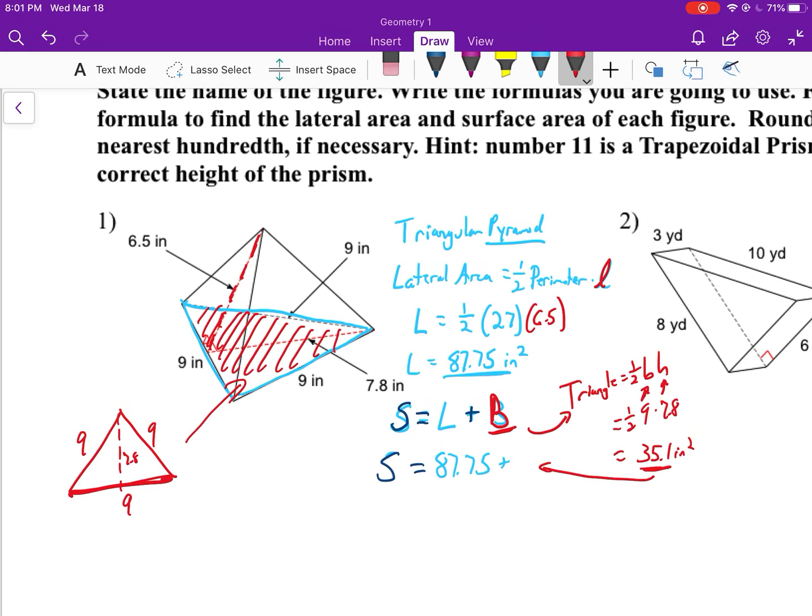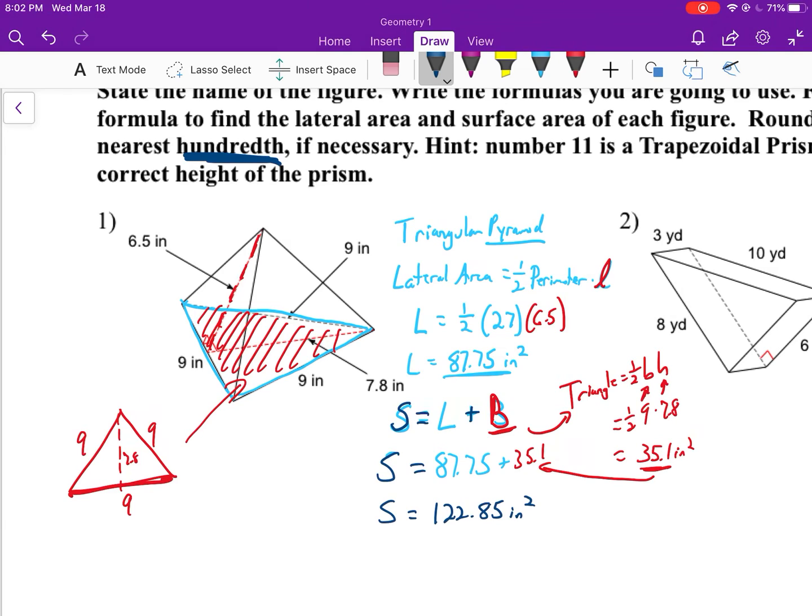So that goes here. And then we get our answer, our surface area. You add those up, 87.75 plus the 35.1, and you get 122.85 inches squared. And it does say in the directions to round to the nearest hundredth. So that's how you do that.